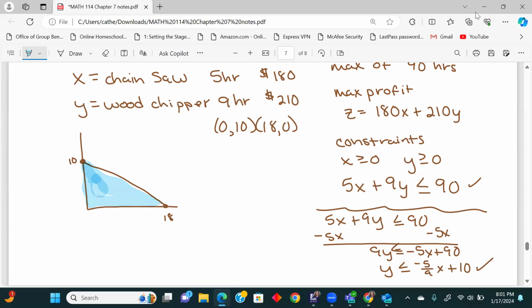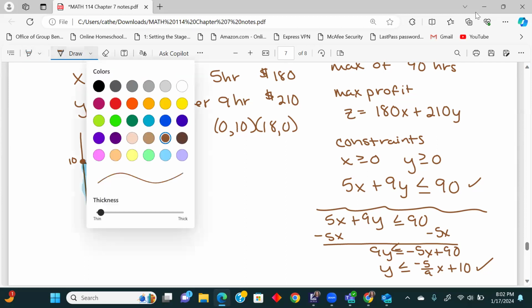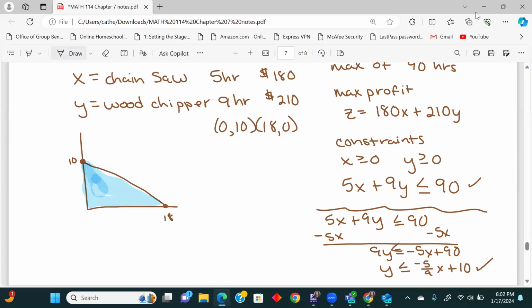All right. So how many corner points do we have? We have 3. One here at 0, 10. We have one at 18, 0. We also have one at 0, 0.